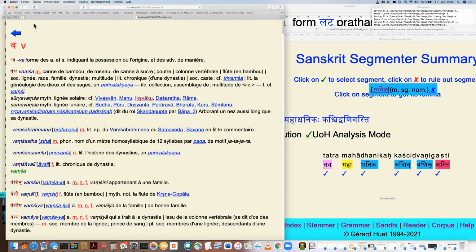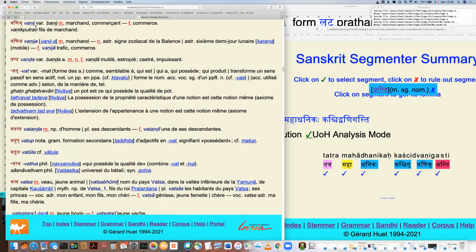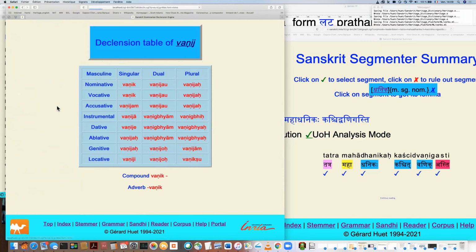Vanij is the Pradipadika, he is a merchant, yes. And this J of the Pradipadika becomes a K in Pratama. Okay, so don't be surprised about it.